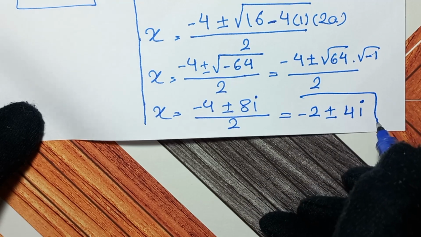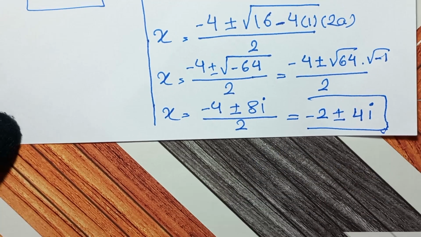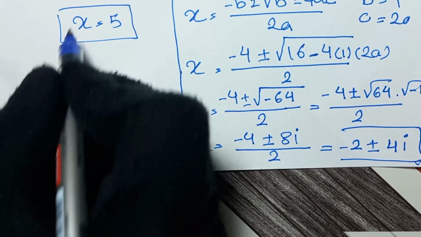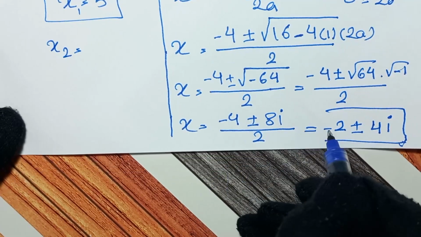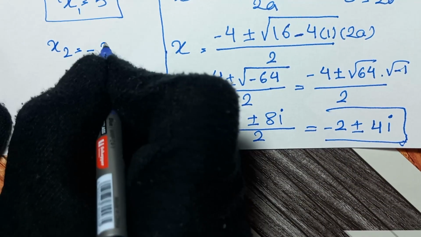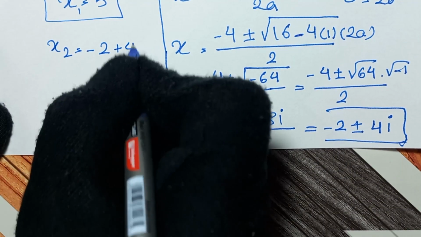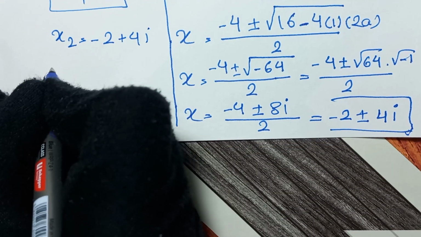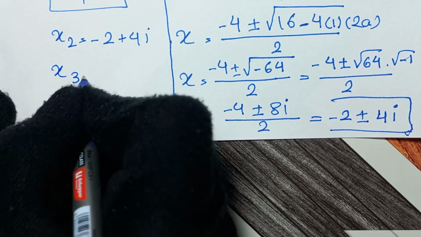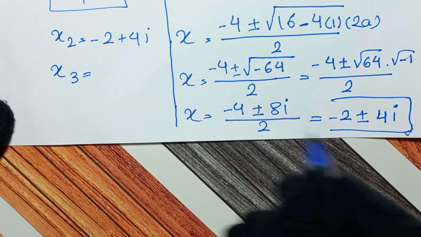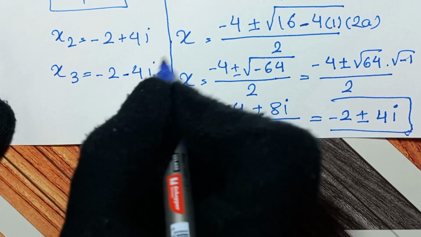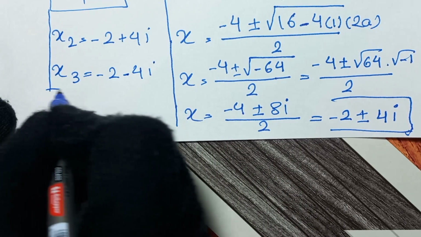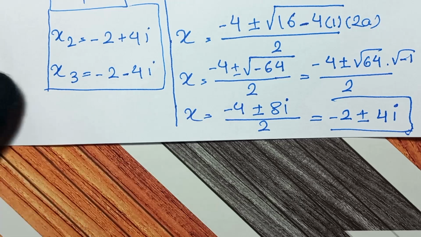So here we have two answers, and our final answer for x is x1 and x2: negative 2 plus 4i, negative 2 plus 4i, and x3, our third answer, is negative 2 minus 4i, and this is our final answer.